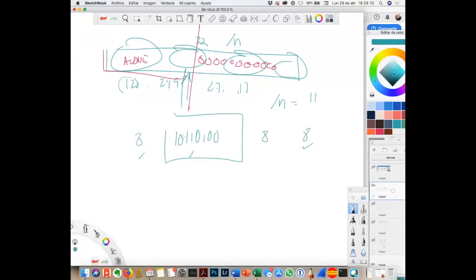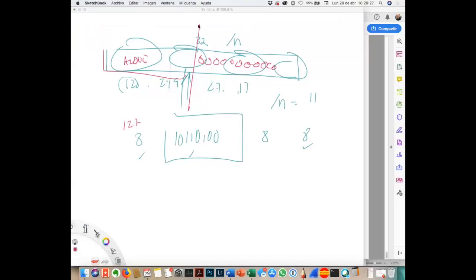So I'm going to bust this back out to binary if it's in decimal, and I will count up to the 11th bit. Let's say this is 127, and I'm going to cheat by using my calculator because it has a binary mode.